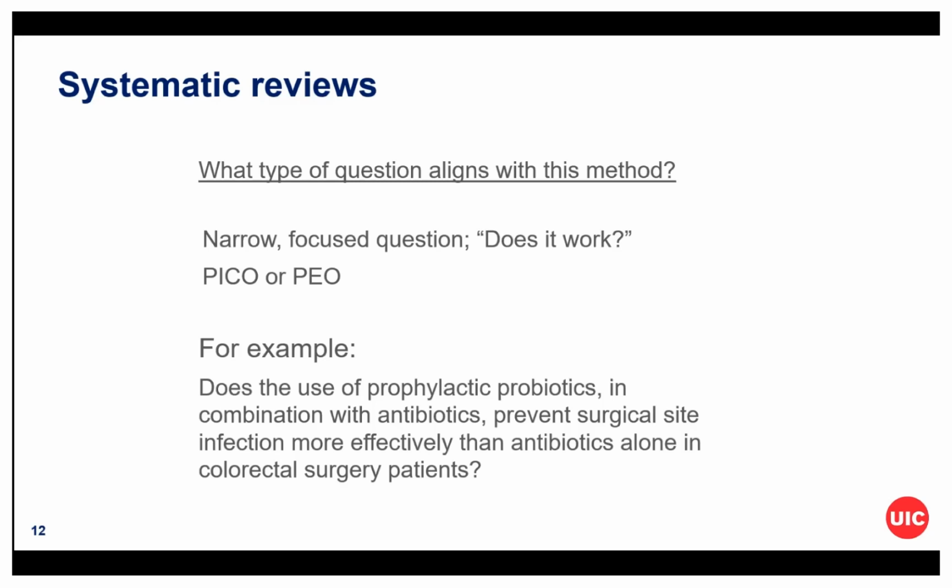Another framework is PEO, which stands for population, exposure, and outcome. So we have an example here of a PICO question that you could be asking for a systematic review. Does the use of prophylactic probiotics in combination with antibiotics prevent surgical site infection more effectively than antibiotics alone in colorectal surgery patients?